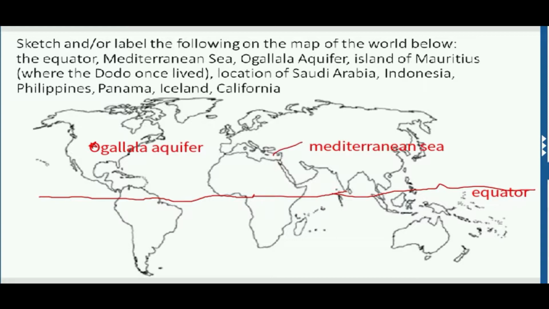Let's see. It's right here. This island is endangered because of rising sea levels. Let me see if I can put this a little closer to the island. Okay, and that's also where the Dodo used to live.